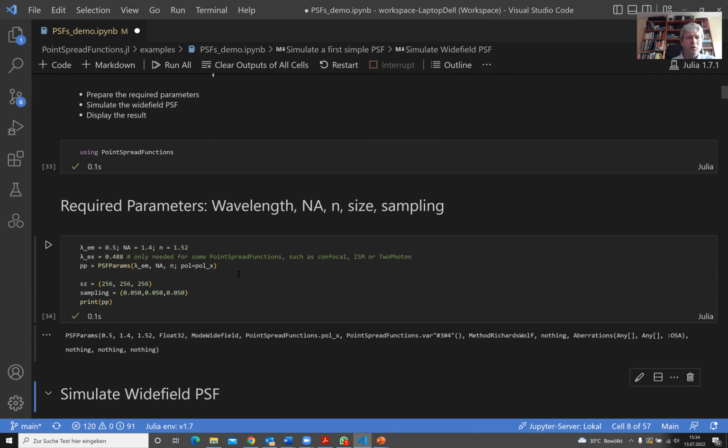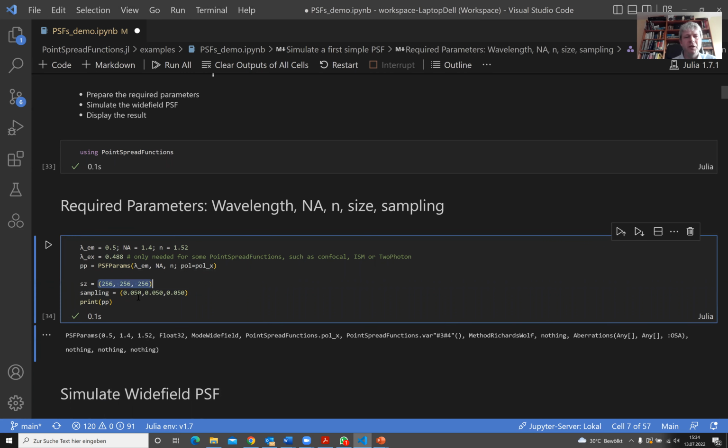And then two more essential parameters are the size of the data set you want to simulate and the sampling. I would recommend that you use the micrometer as a unit for sampling. But essentially, it only matters that these units are the same as the emission wavelength. So if you specify this in micrometer, you have to go for micrometers as well here.